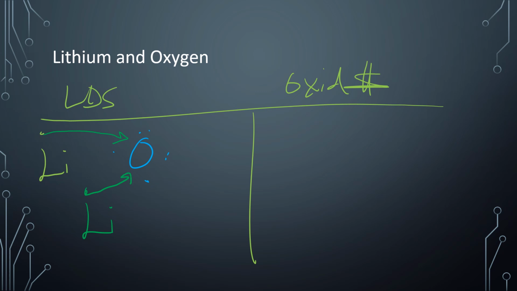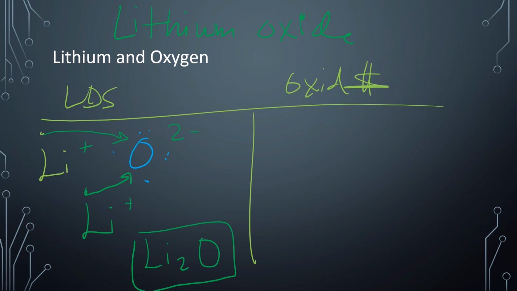Luckily, my oxygen now has a total of 8 valence electrons. It gained 2, so it's a 2 minus oxidation number. Lithium is 1 plus because it lost 1 electron each. Your final answer is going to be Li2O. The name is lithium oxide.